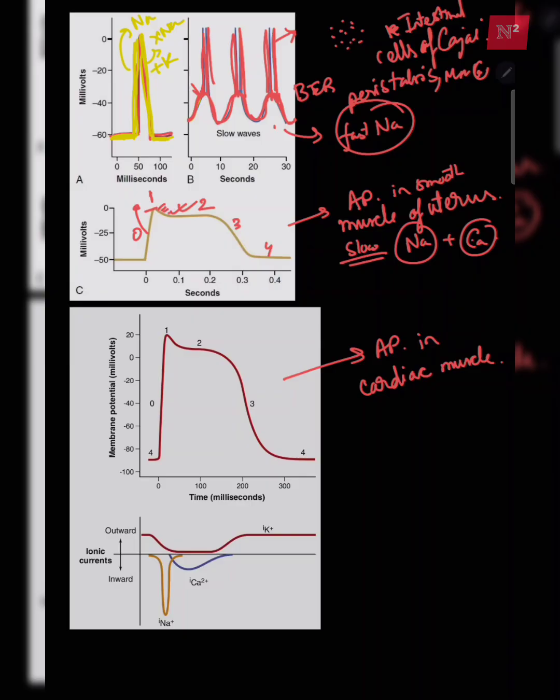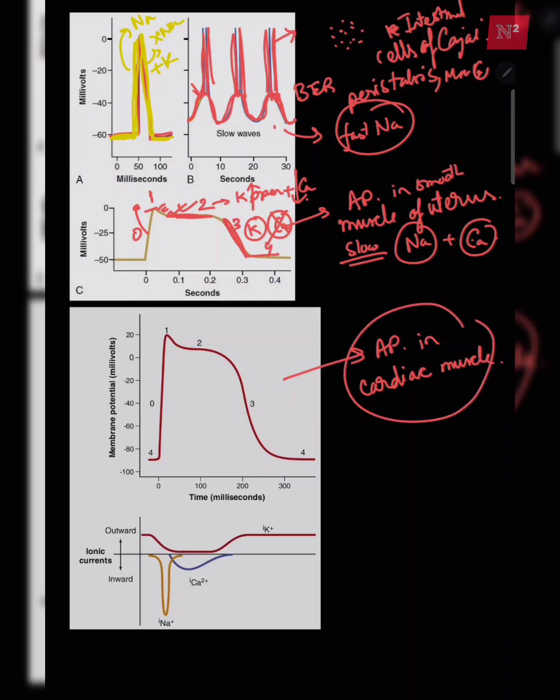It takes some time to close, and along with that the potassium ion channels are also opening. Now the potassium channel is sending ions from inside to outside, and calcium is sending ions from outside to inside, so there is a plateau phase. After this, the potassium ion channel is still open, but the calcium ion channel closes, so because of that we have a downward slope which is called the repolarization phase.